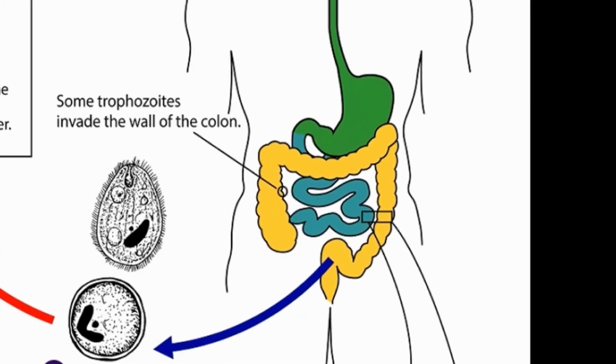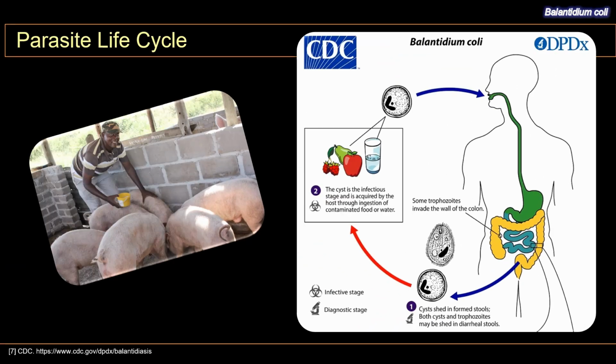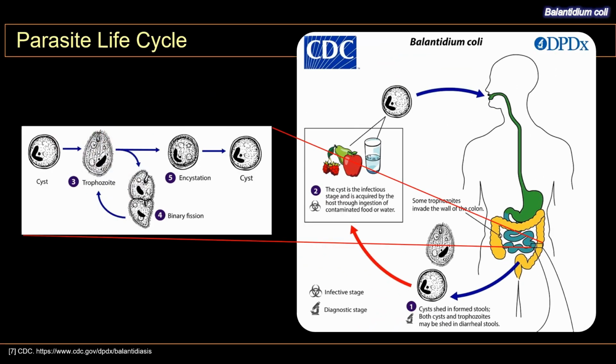The trophozoites then move into and colonize the lumen of the large intestine and also the appendix of humans and animals, where they replicate by binary fission. Some trophozoites undergo encystation to produce infective cysts, which are passed out in stool.